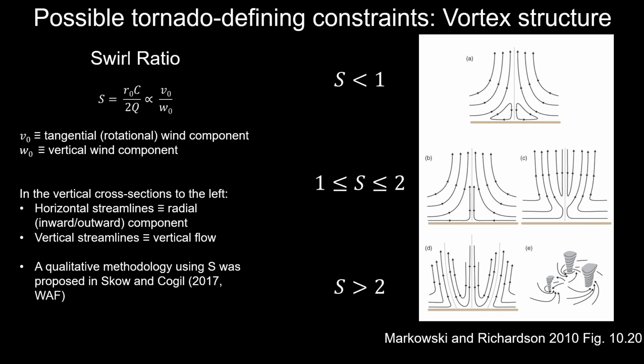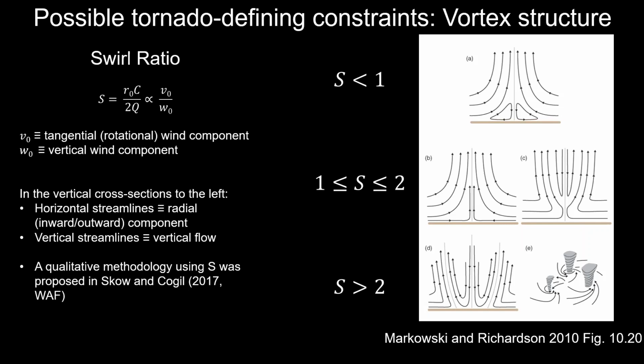So in theory, with a swirl ratio less than 1, you don't have those streamlines through the vortex reaching right to the center of the circulation near the surface, so you don't have a tight, compact circulation. Once you reach a swirl ratio of 1 or more, you do have the streamlines reaching to the center of the circulation.